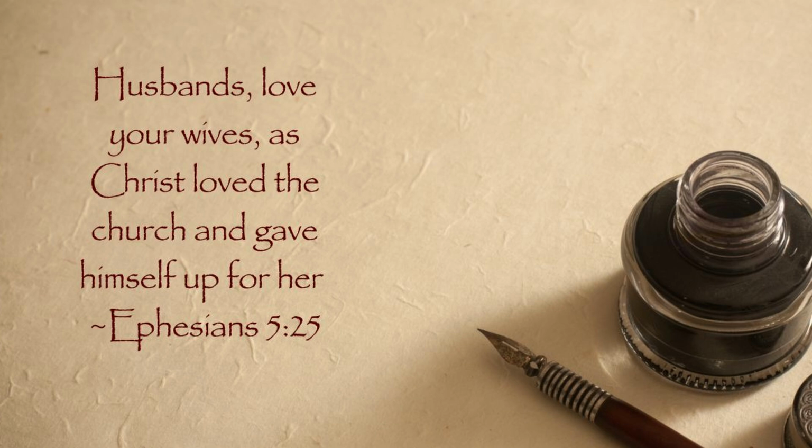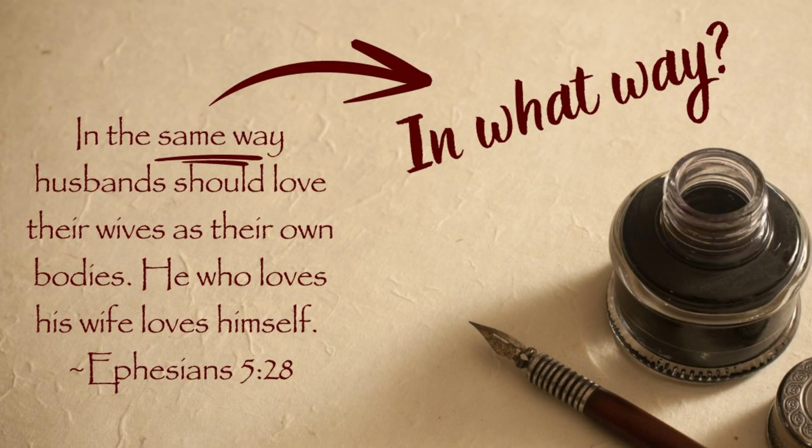As Christ loved the church and gave himself up for her. And it has a few more instructions there. And then it says, in the same way, husbands should love their wives. And so this is comparing how husbands are supposed to treat their wife with how Jesus treats his church. So these comparisons give more context and more understanding to the passage.